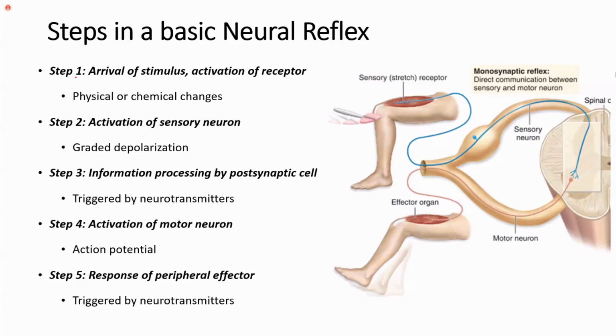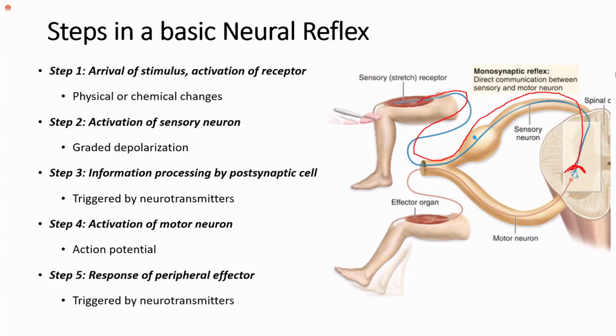So a reflex starts with a stimulus. Then there would be an activation of the receptor, and generation of a graded potential, which will depolarize the sensory neuron. The sensory neuron will be entering the spinal cord from which side? From the dorsal horn of the spinal cord.